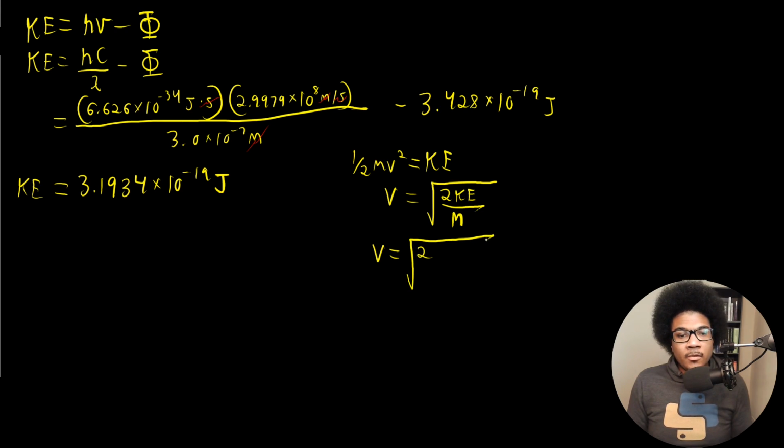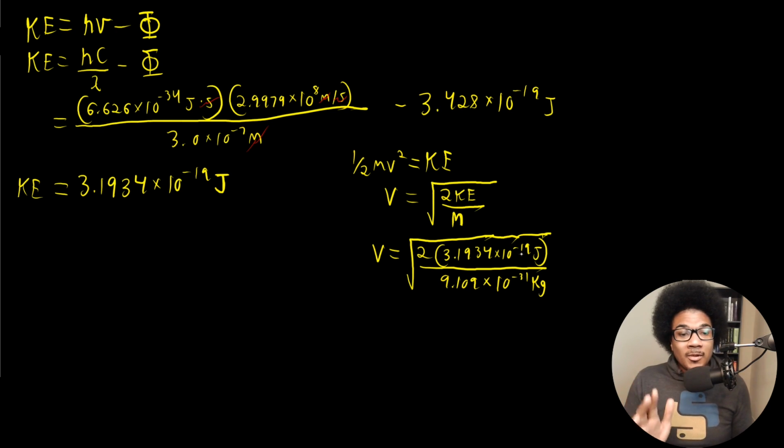When you plug in everything here, you're going to get 2 times 3.1934 times 10 to the negative 19 joules over the mass of the electron, which is 9.109 times 10 to the negative 31 kilograms. Keep in mind, joules in SI units are kilograms meters squared per second squared.